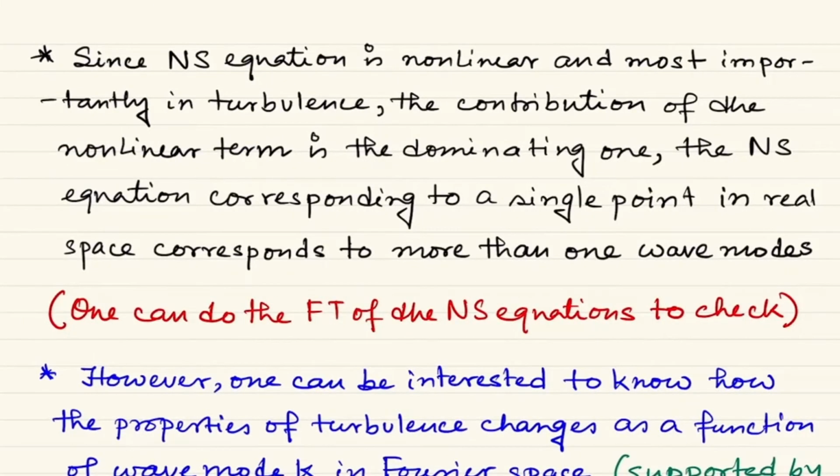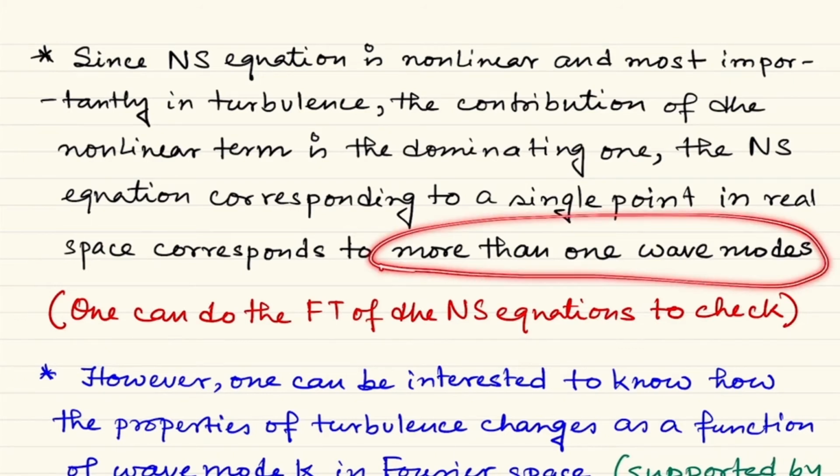In order to understand that, we have to go to this point: the Navier-Stokes equation is nonlinear in nature, and as the turbulent motion is nonlinear, we cannot neglect the nonlinear term. If you do the Fourier transform of the Navier-Stokes equation, you can understand that the nonlinear terms will involve more than one wave mode.